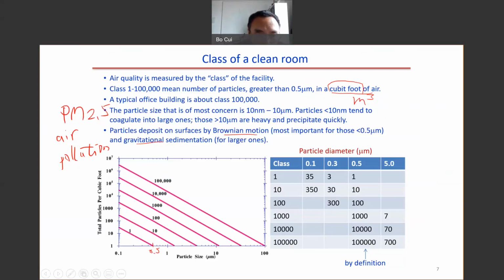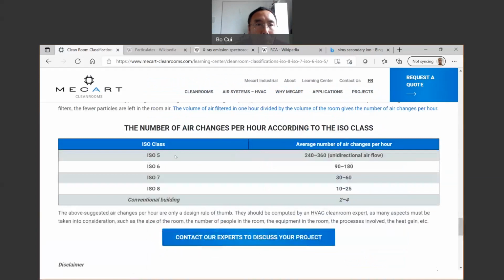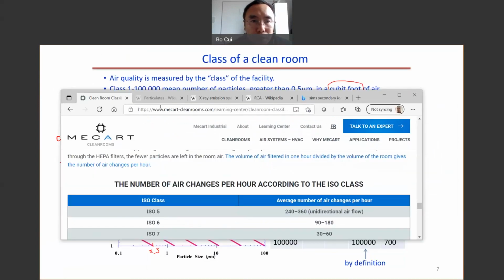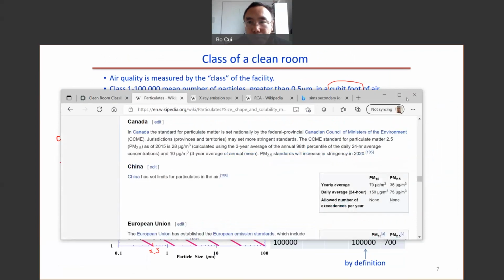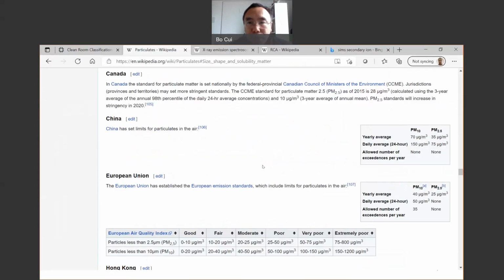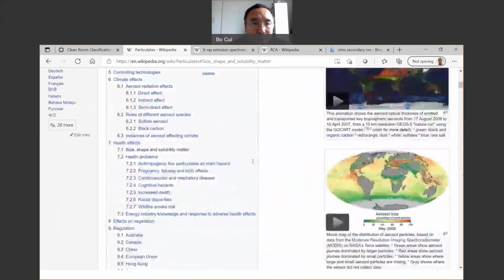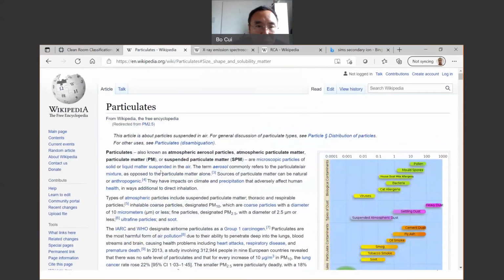So if we look at here again, this is the particulate matter, the PM. PM 2.5 means the diameter of 2.5 micrometer or less.